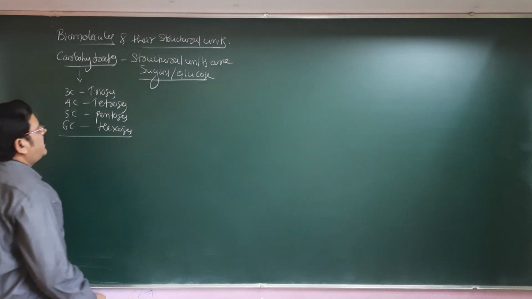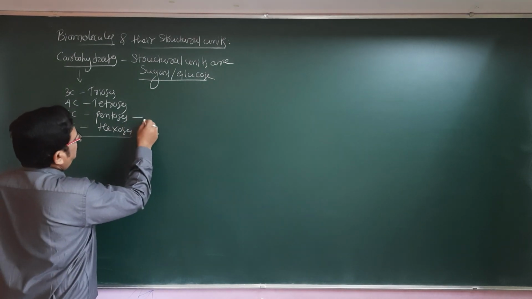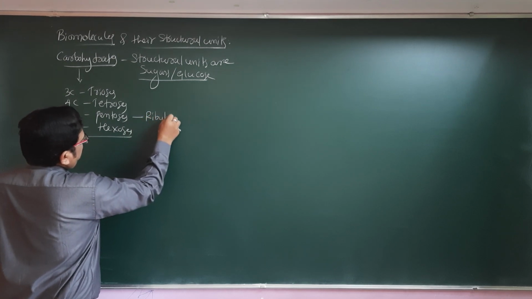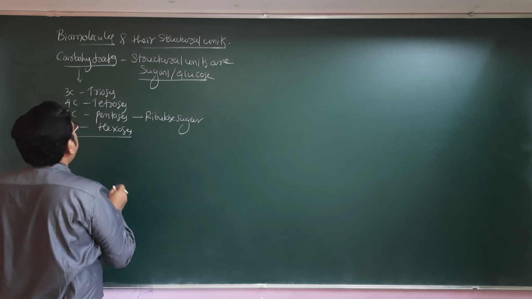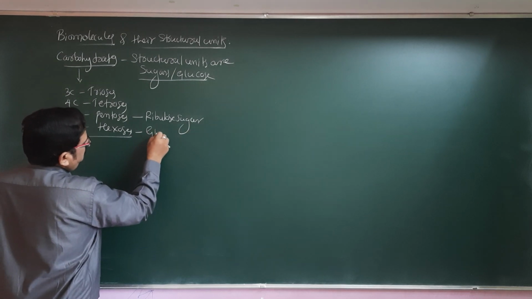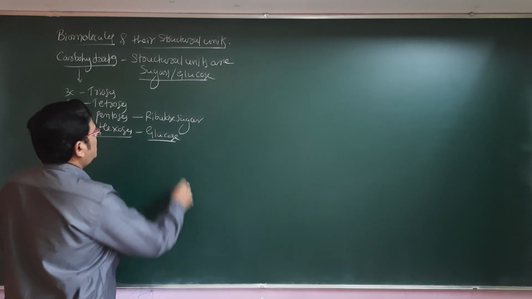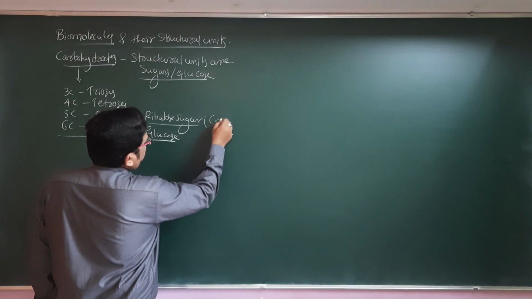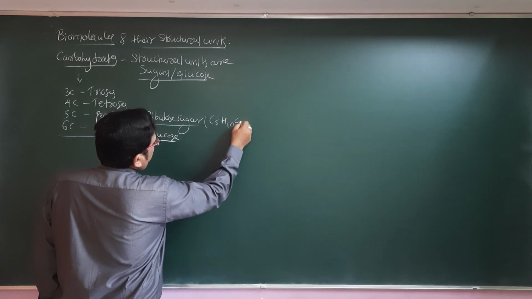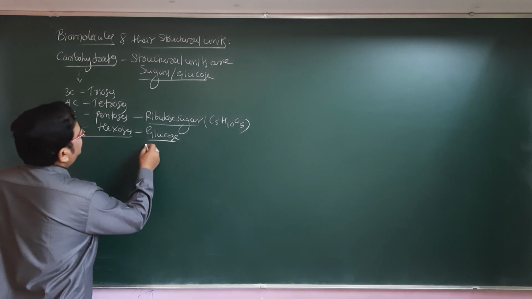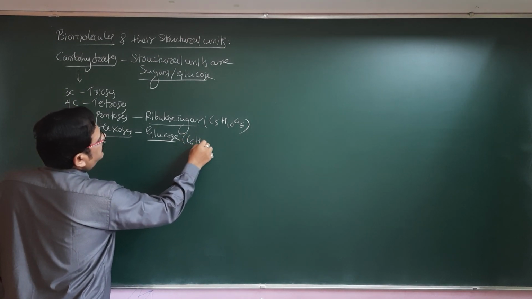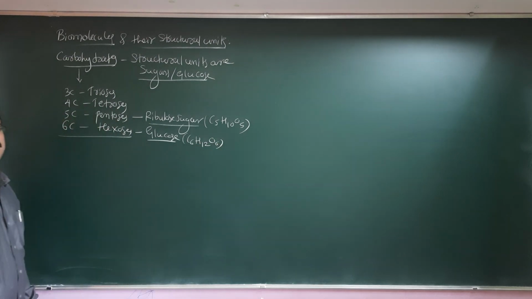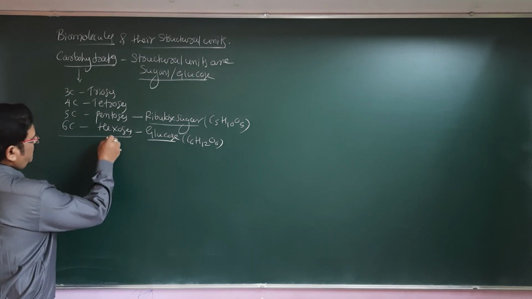To give an example, for a pentose it is ribulose sugar, and for a hexose it can be glucose. Ribulose has the molecular formula C5H10O5. The glucose formula is C6H12O6.